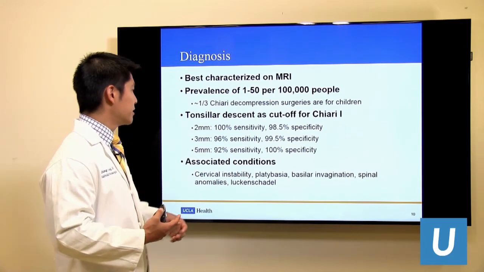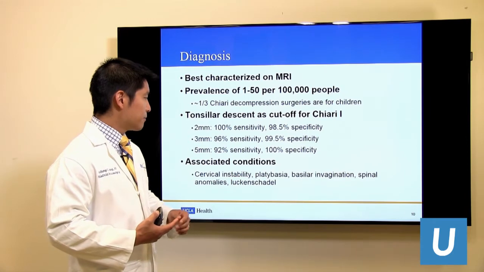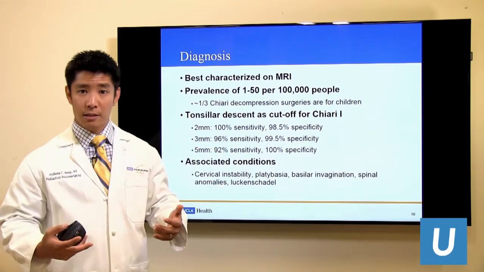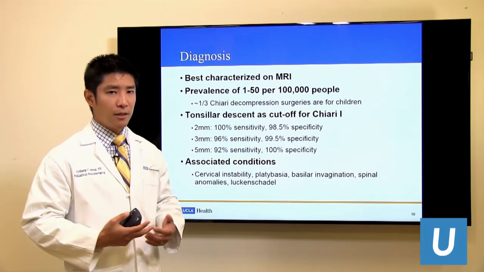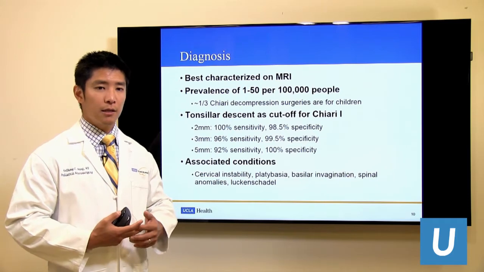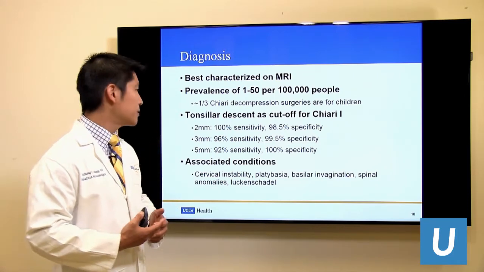When we get out to 5 millimeters below, we get 100% specificity based on his study, and this has been largely reproduced pretty reliably over the years since it was first described.